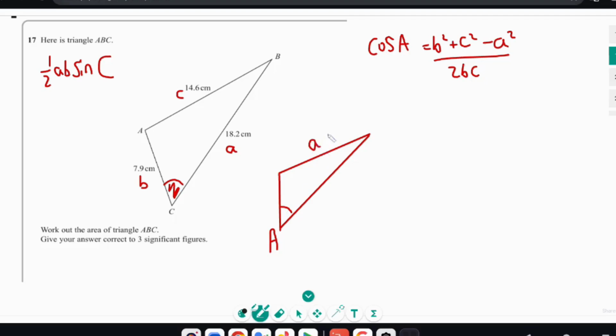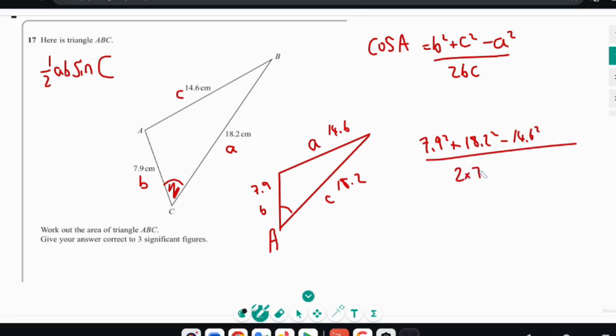That's got to be little a. B and C don't really matter. So b squared plus c squared minus a squared over 2 times b times c will give me cos A.